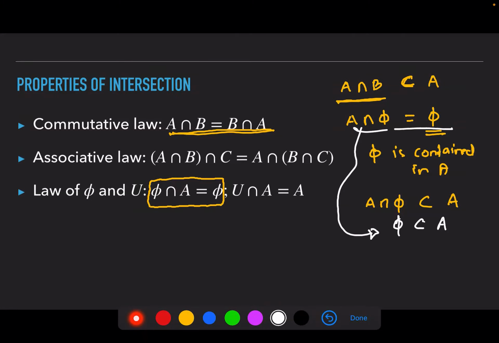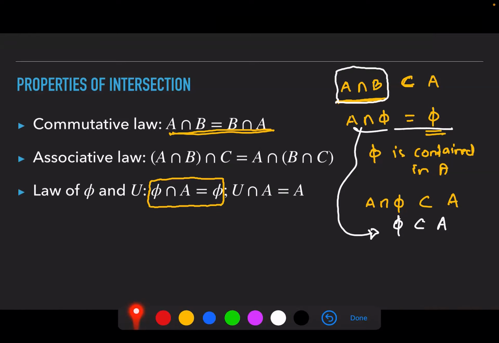Let me go through this logic again. When you write A intersection B, that is the overlapping region between A and B. That overlapping region is definitely contained in A. You can also argue that it is contained in B, but that is a different matter.